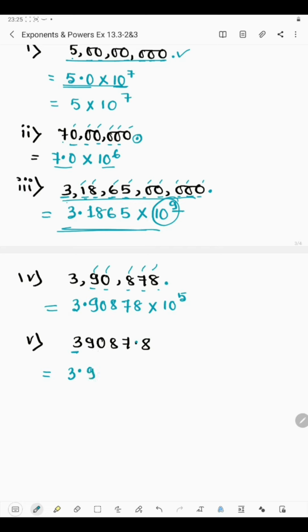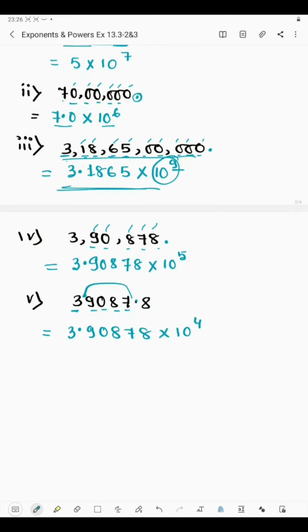So it's 90878. Now we will check after how many places the point has been shifted. It's 1 2 3 4, so the point has been shifted over here. So since it has been shifted after 4 places, the power of 10 will be 4.